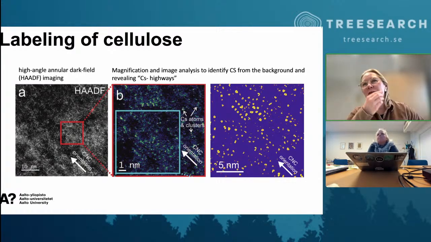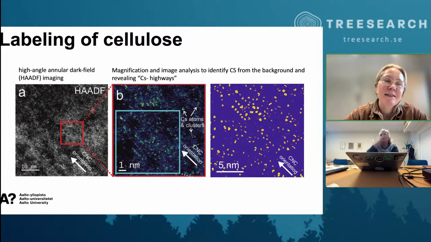So I think there's quite a lot more work to do to then say something very definitely about the structures. But it is cool that you can see them. They seem to sometimes be very repetitive in line.